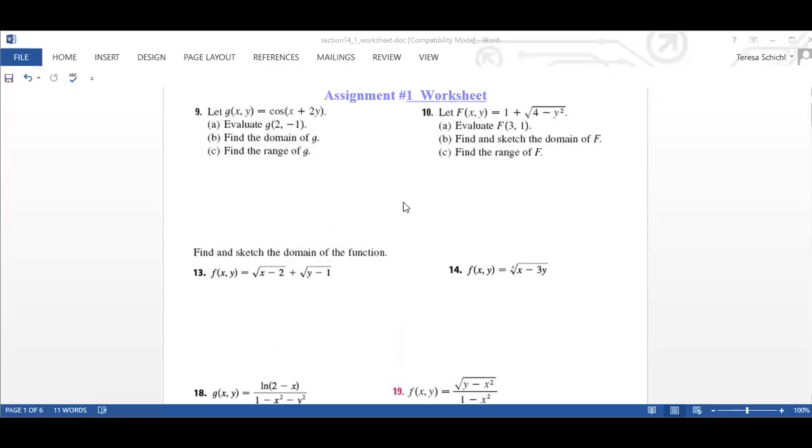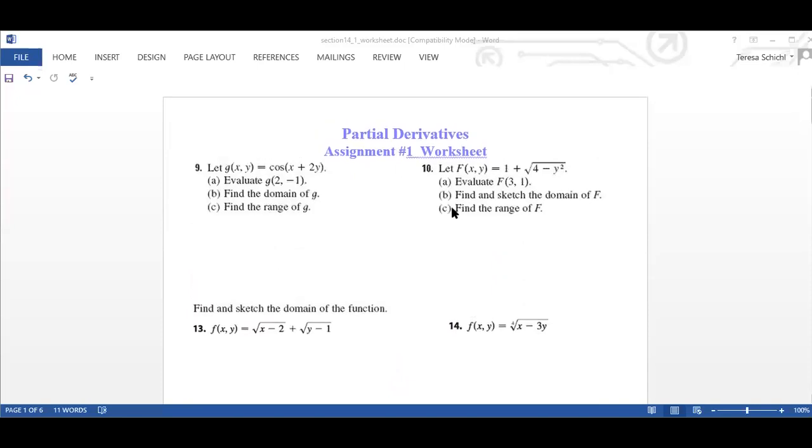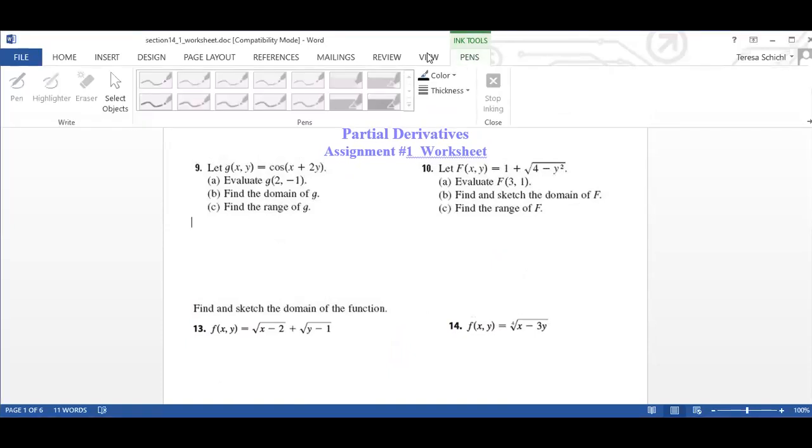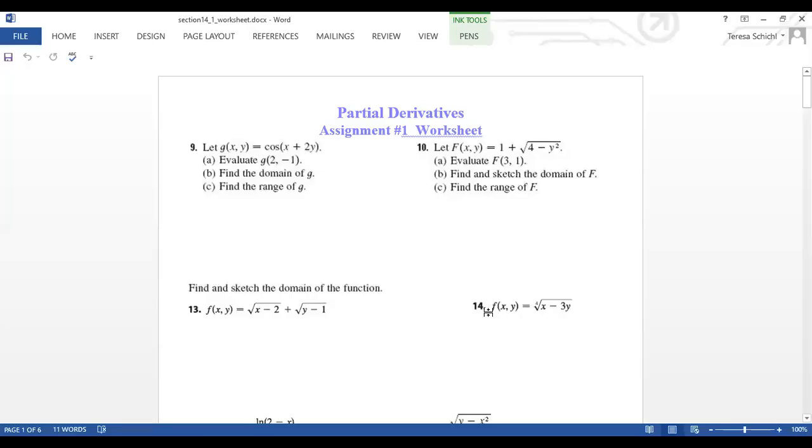Okay, so here's the worksheet. The first problem I want to do here will be problem number 14. Let's take a look at problem number 14 and see how we do that. Like we talked about, the domain is just typical, as we did in R2, right?